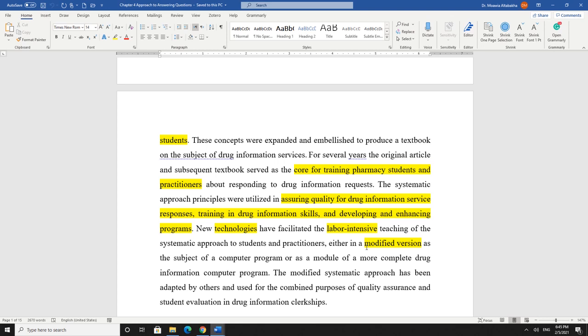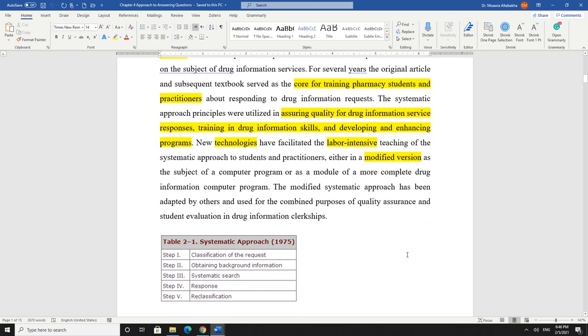Later on, with the technology, things have changed, and now we have also the modified systematic approach, which I recommend, and most drug information centers use this approach to document and to quality assure the information provided.